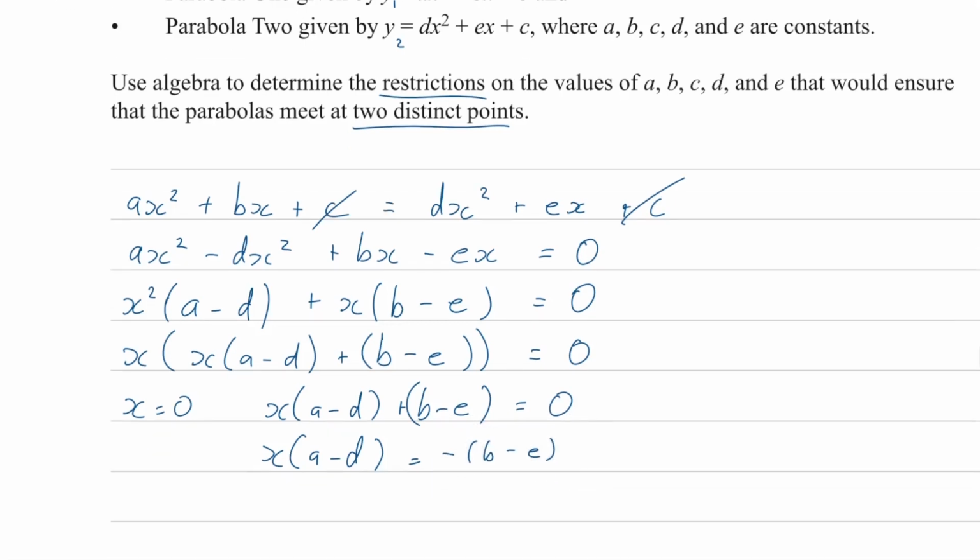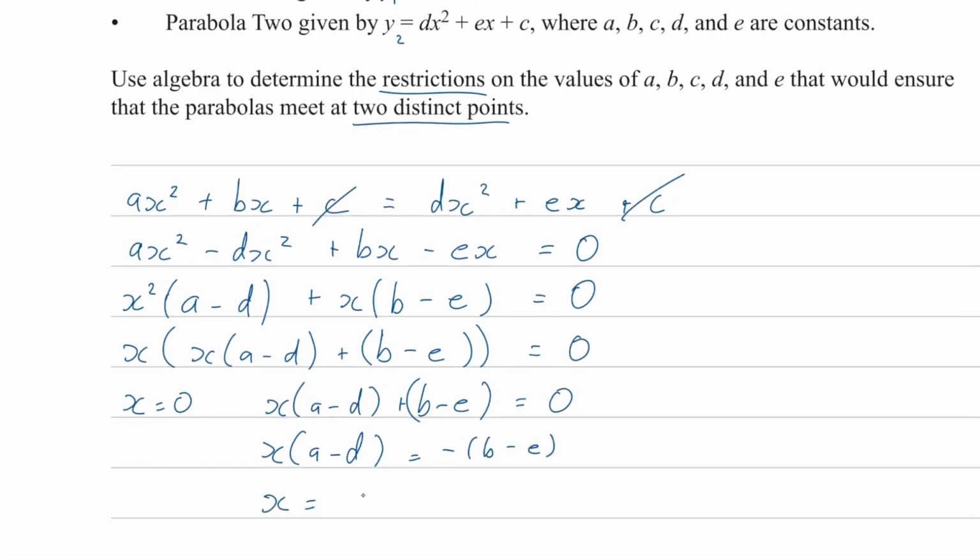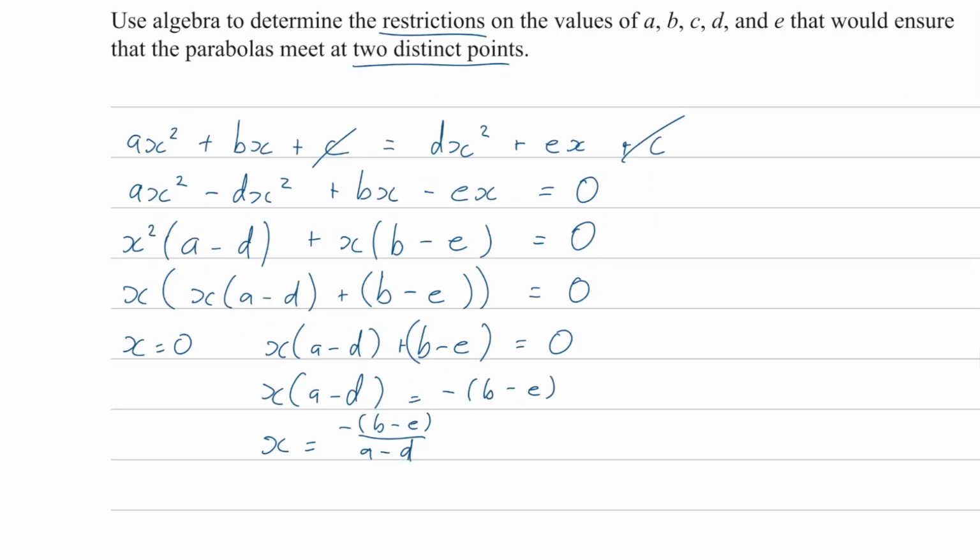Now we can divide by a minus d. And actually in the numerator there, I'll just distribute that negative sign. So it'll become e minus b. Just makes it look a bit neater. Don't strictly need that.